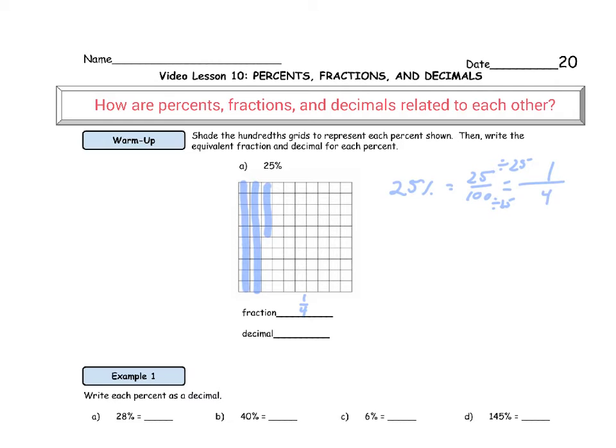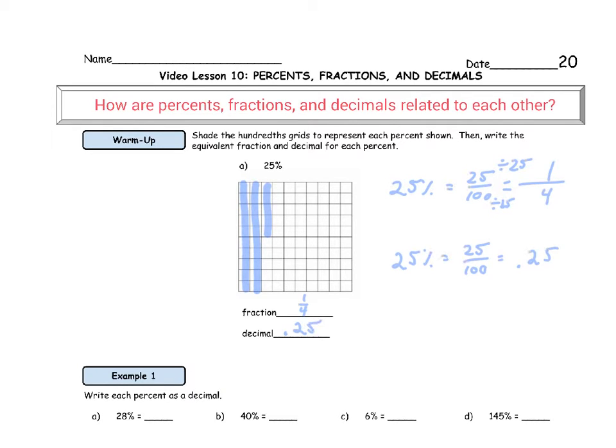Continuing, a decimal. 25% is the same thing as, just like above, 25 over 100. Now, in past grades, 25 over 100 is represented by just saying 25 hundredths, 0.25. So as a decimal, it equals 25 hundredths.